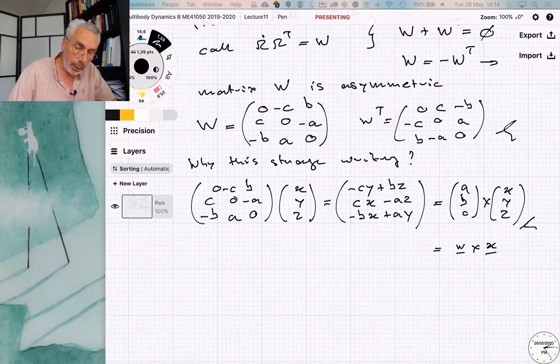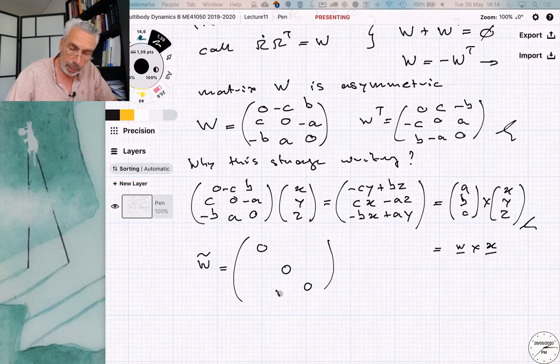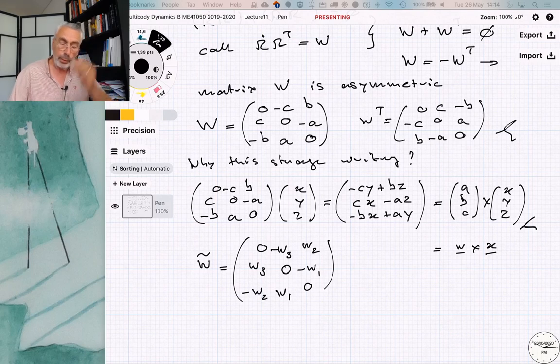Now the thing here, we have a nice notation for that. If we say w with a tilde, which is associated with a vector w, then that's this form: zeros, then w1, w2, w3, and here the minus ones. So that is a way to write this cross product from a vector as a matrix multiplication.